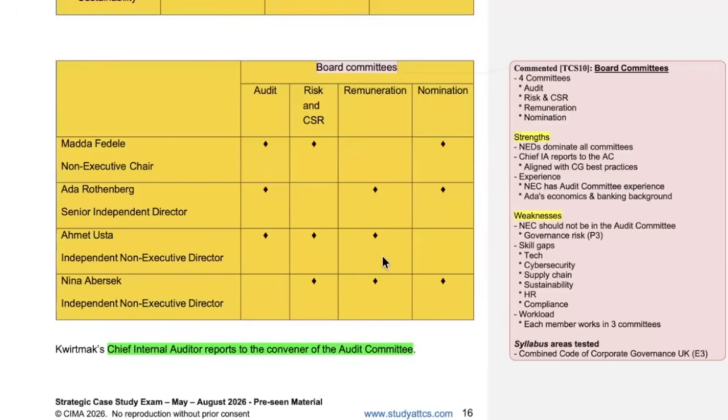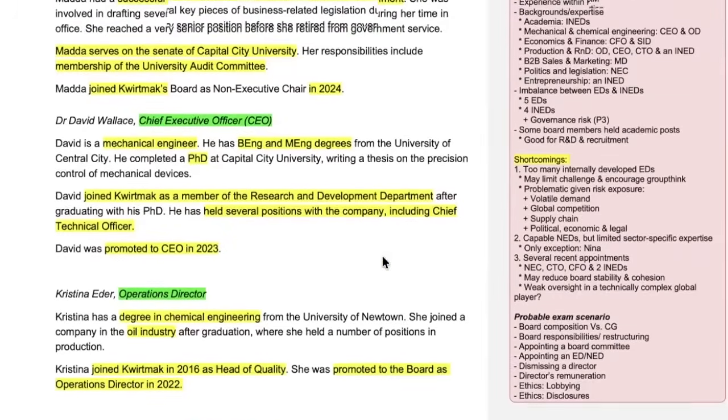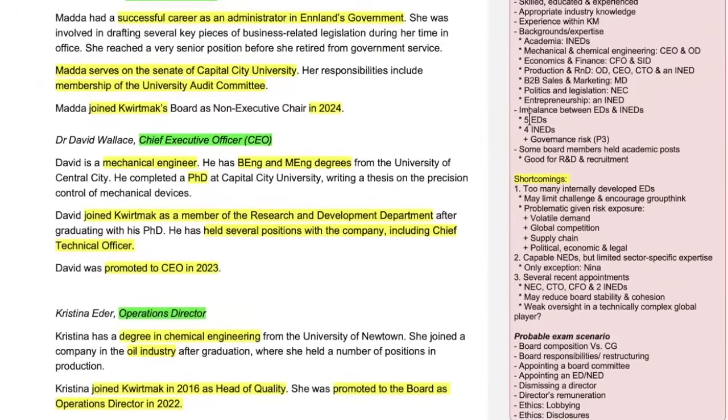And at the same time, if you look at the split between executive and non-executive directors, there are 5 executive directors within this company and just 4 non-executive directors. I've mentioned it here. There's an imbalance between executive directors and independent non-executive directors, because as per corporate governance best practices, there should be a good balance between executives and non-executives within the board.